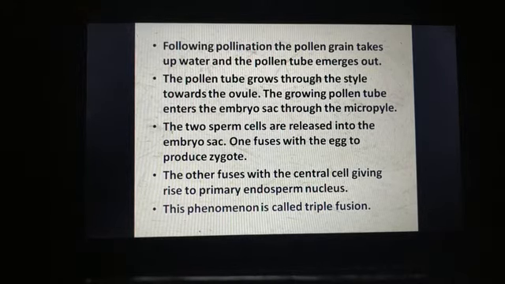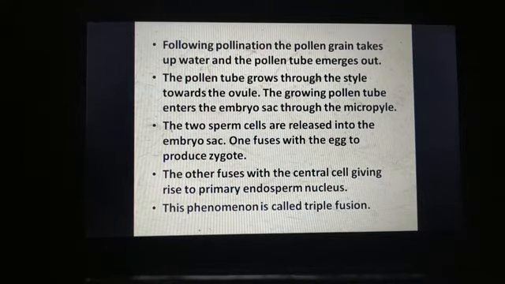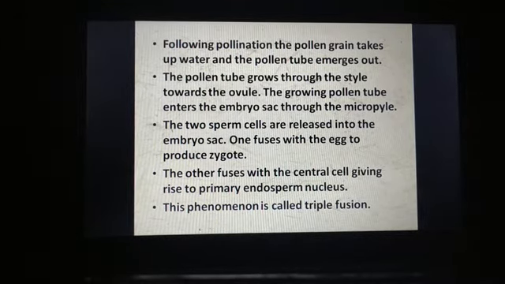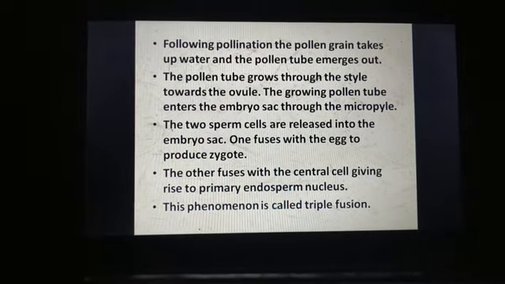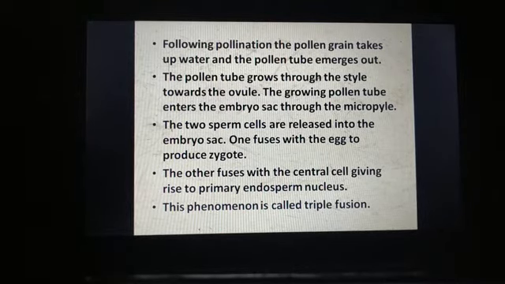The growing pollen tube enters the embryo sac through the micropyle end. Did you remember that small opening in the embryo sac? From there the pollen tube used to enter the embryo sac. The two sperm cells are released into the embryo sac. We have studied that the generative cell of the pollen grain contains two sperm cells.